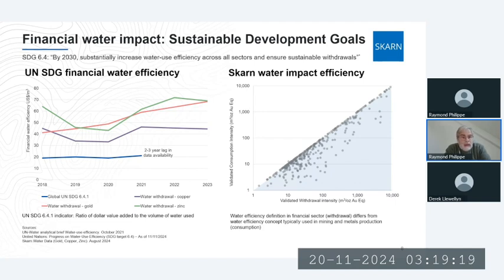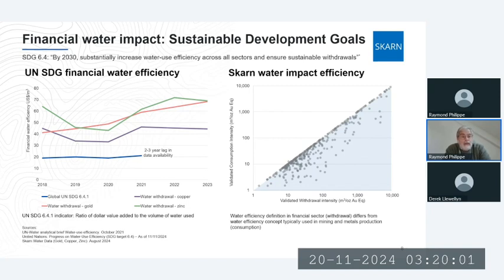Second, on the left side we have a graph showing how, over time, the financial water efficiency, using the definition from the United Nations, evolves globally and specifically for several of the commodities that we are looking at with Skarn. Interesting to see is that the global average SDG 6.4.1 efficiency is an expectancy of having a revenue generated of about $21 per cubic meter of water withdrawn.